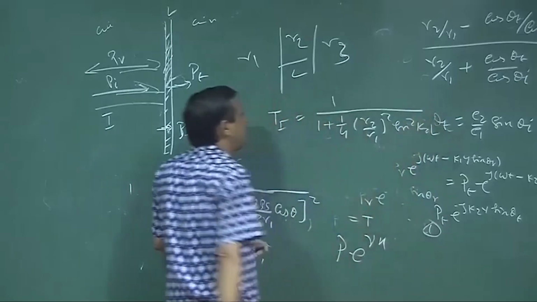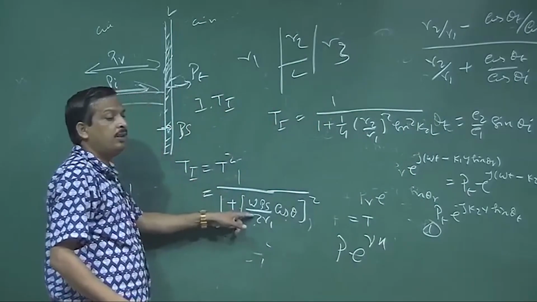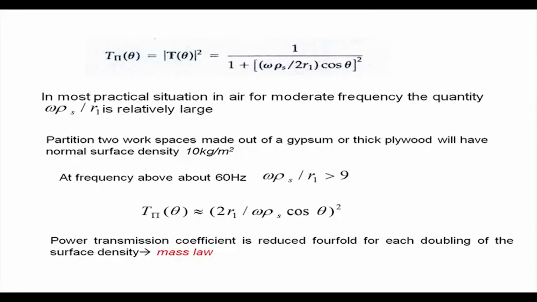That is the normal case. Now, in this case Ti is 1 by this one.